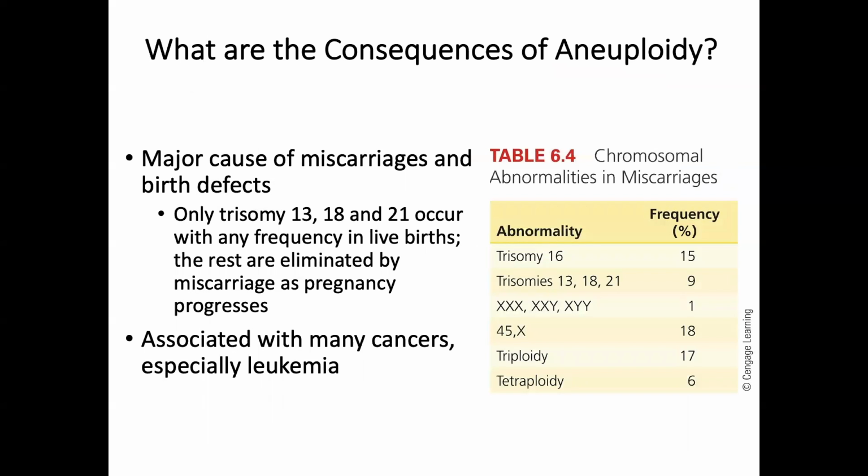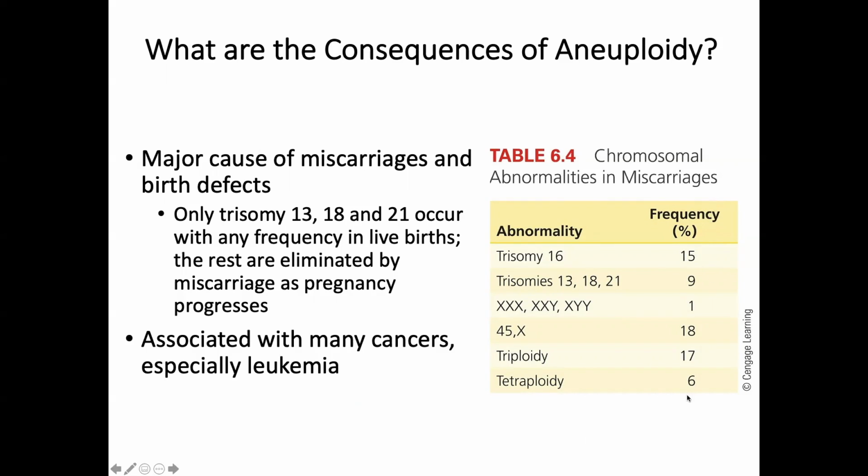Aneuploidy is a major cause of miscarriages and birth defects. For autosomal aneuploidy, only trisomy 13, 18, and 21 occur in live births. The rest are eliminated by miscarriage as pregnancy progresses. The table here shows the chromosomal abnormalities identified in miscarriage.